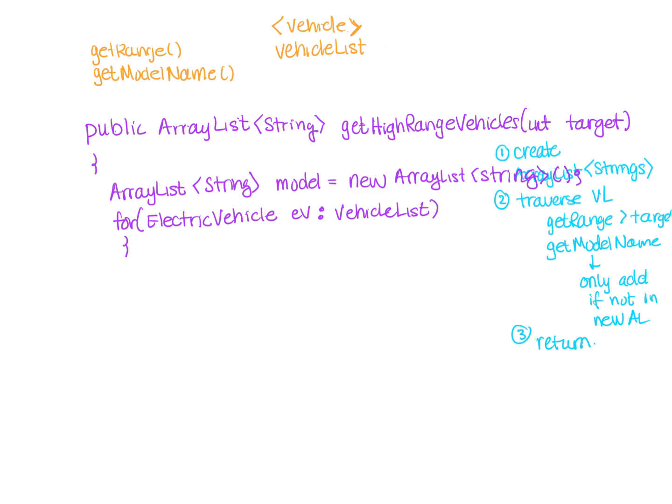We're going to grab our object, ev, and call .getRange, and check if that is bigger than the target. That means it's potentially one that we're going to add. So I'm going to create a Boolean flag and set it equal to false.